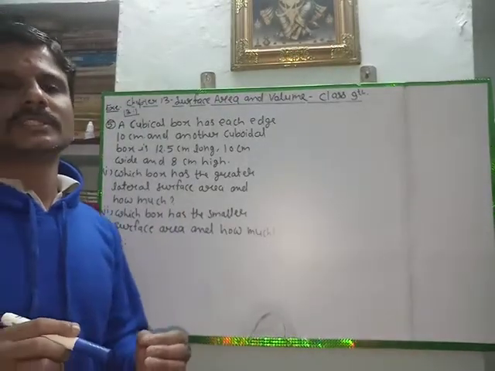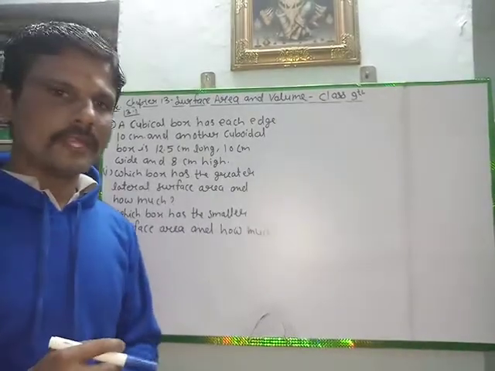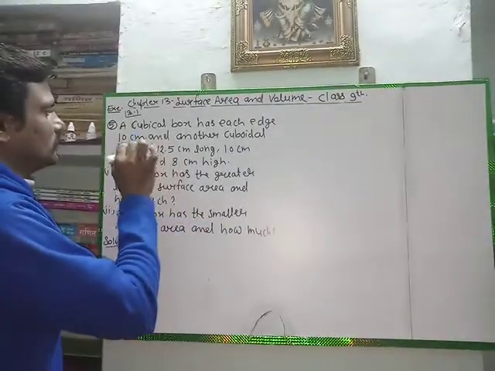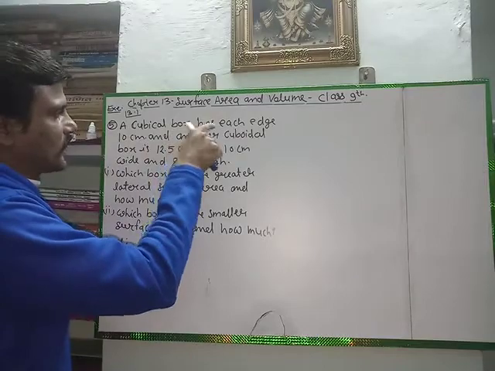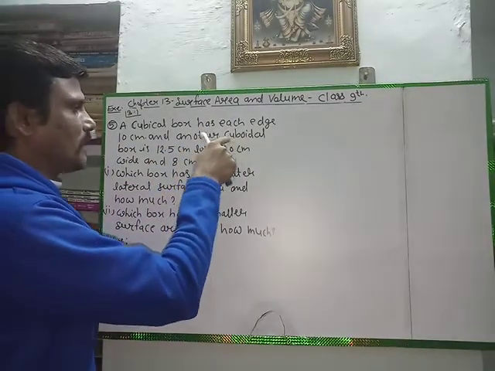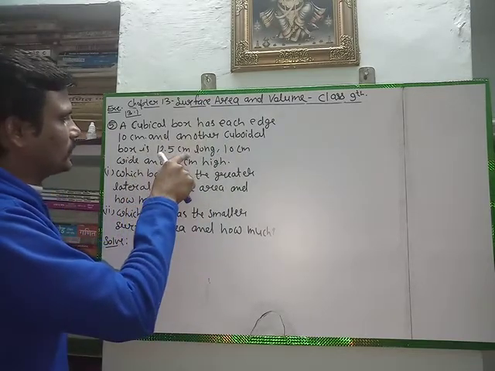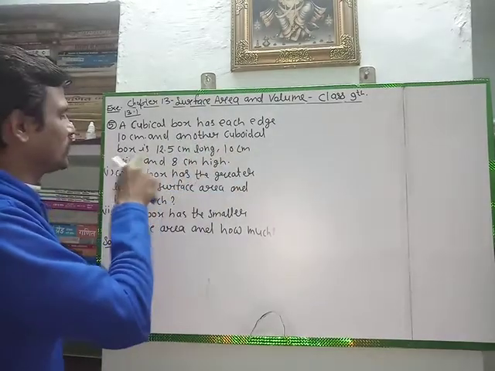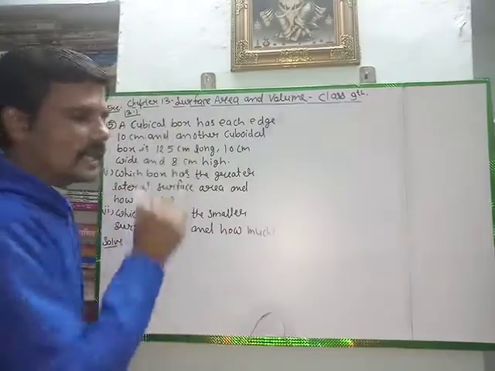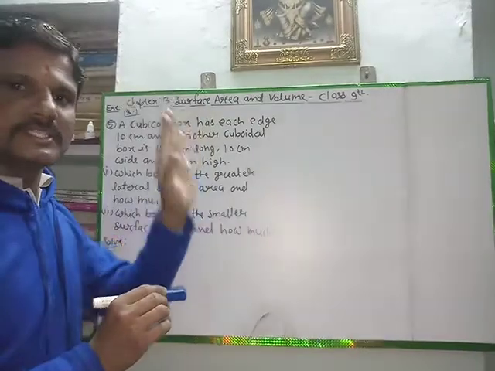One is the shape of a cube and the other box is the shape of a cuboid. The side of cube is 10 centimeter and the dimension of cuboidal box is 12 centimeter long, 10 centimeter wide and 8 centimeter height. यानी cuboidal box की sides गिवन है और cube की side गिवन है.